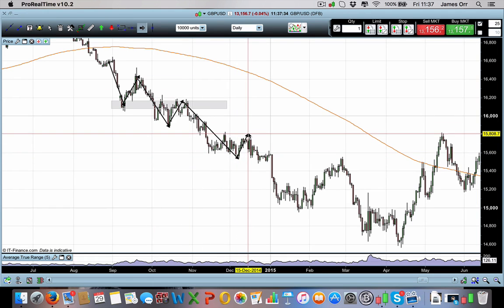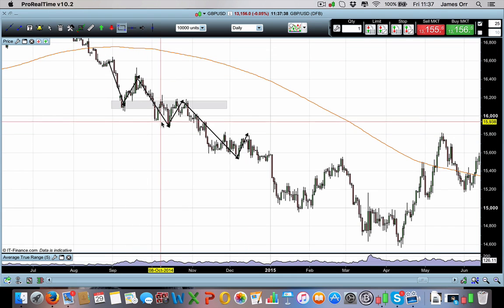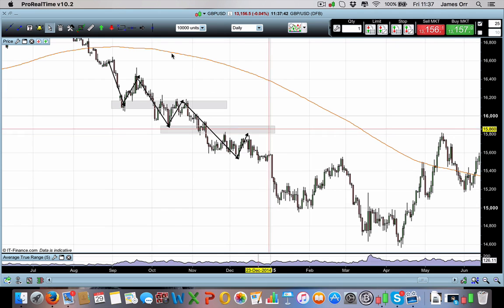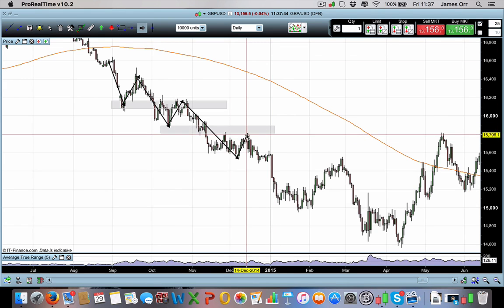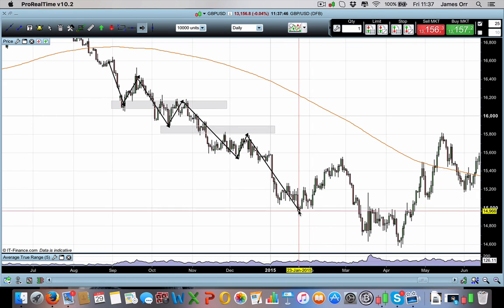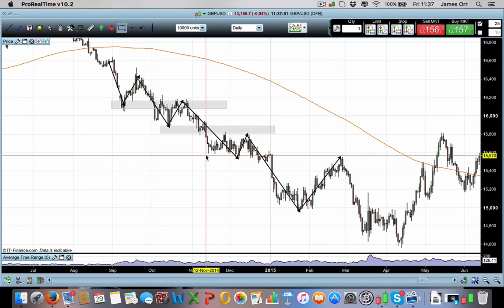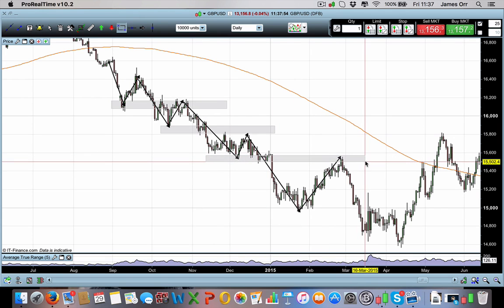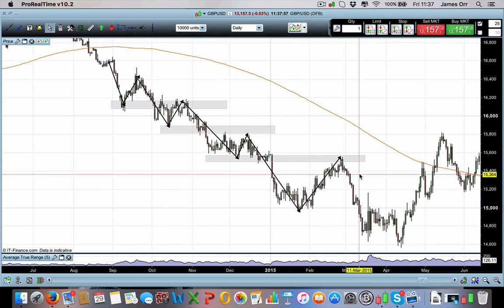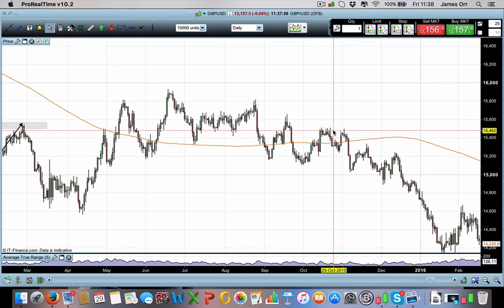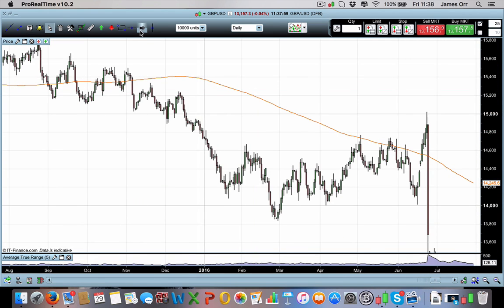Then we push up once again, right here. The market pushes all the way down, making a new low, pushes all the way back up again, another lower high, and right here.